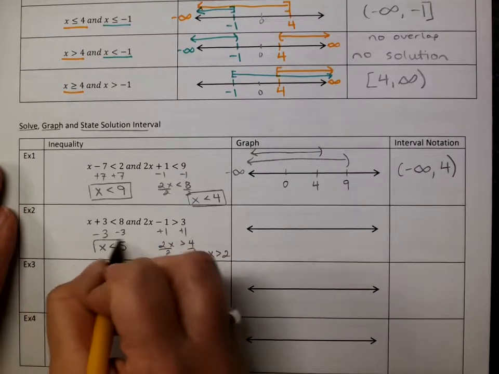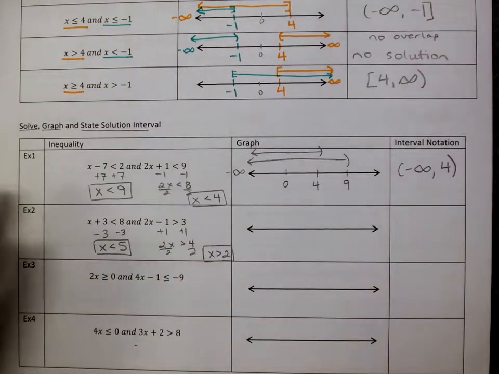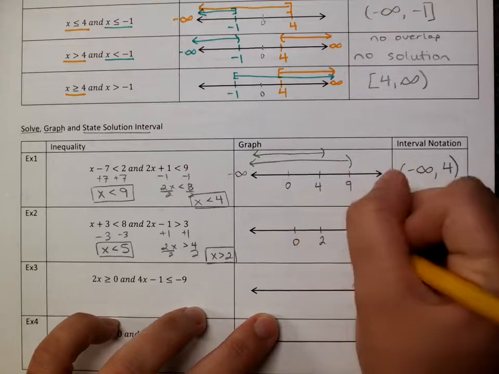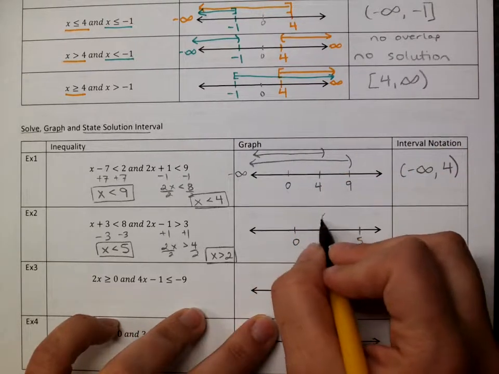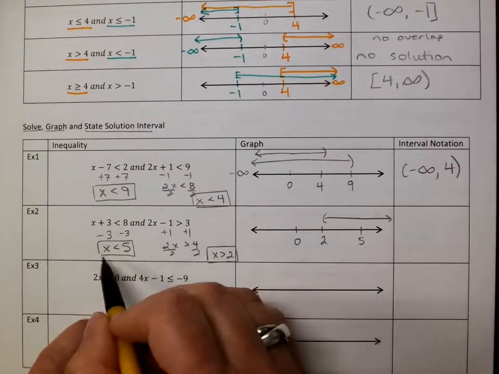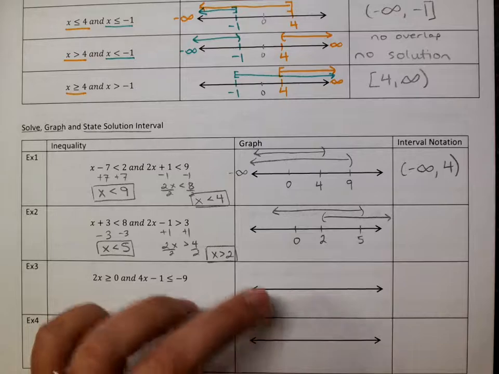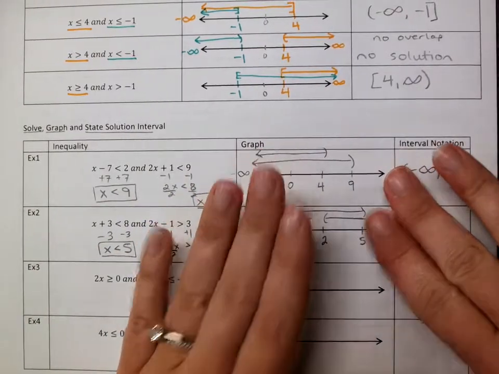So we have x is less than 5 and x is greater than 2. Here's 2, here's 5. Greater than 2 goes this way. Less than 5 goes this way. They're only both true in the middle between 2 and 5.